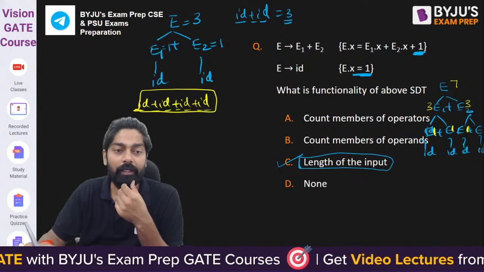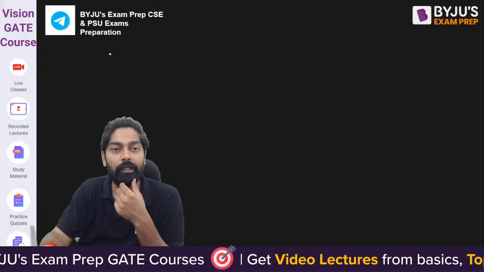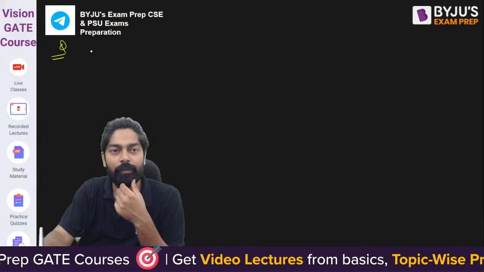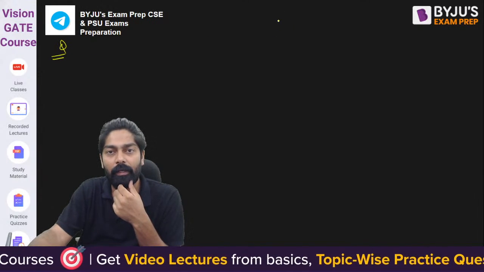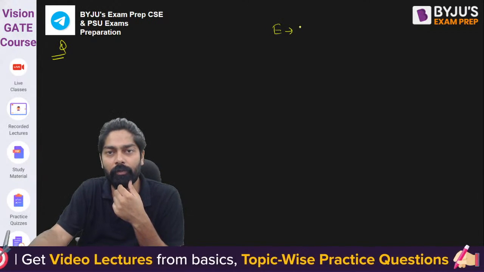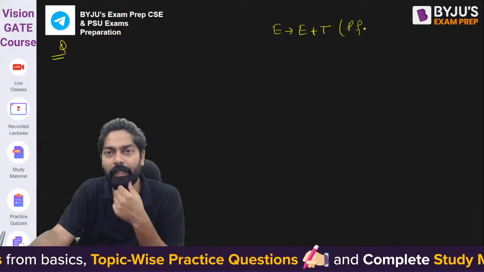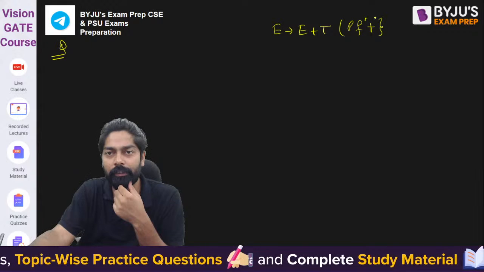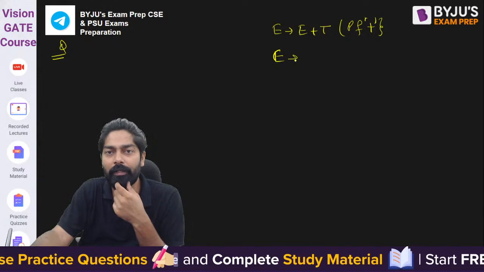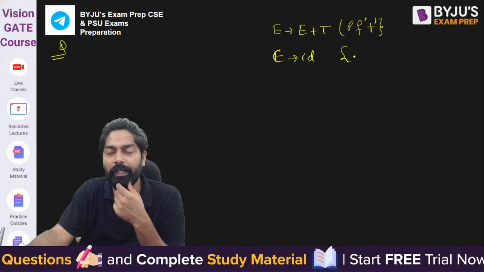Okay, if you want I will give some more questions. Okay, see, let me give some question like this. I'm writing here already. It is your favorite grammar. E goes to E plus T, and I'm printing here printf plus. Let's suppose E goes to ID, I am printing here printf ID.